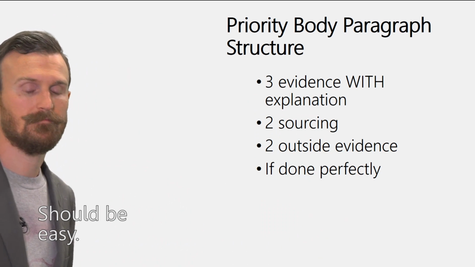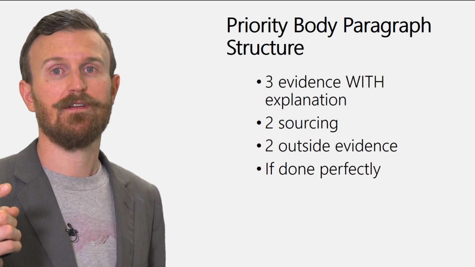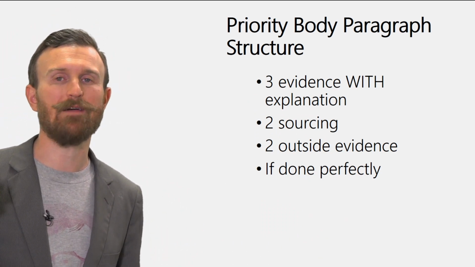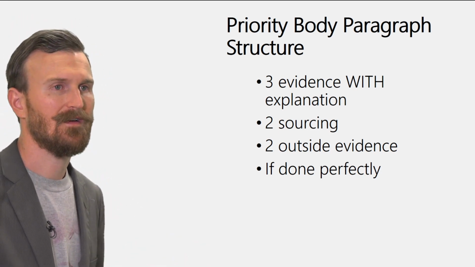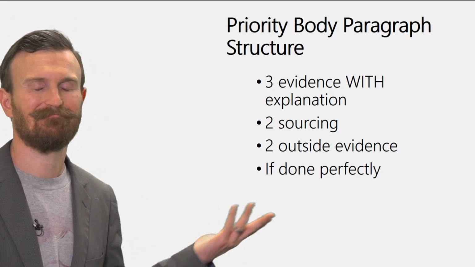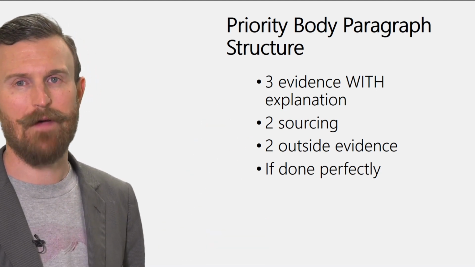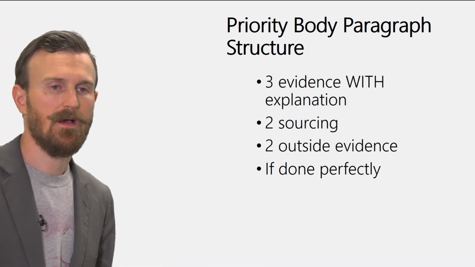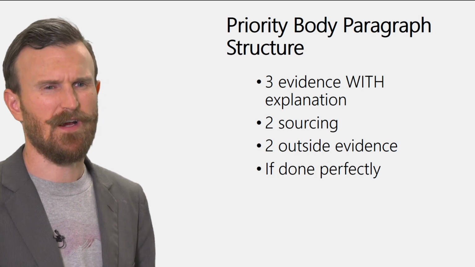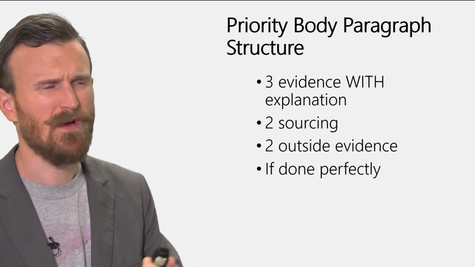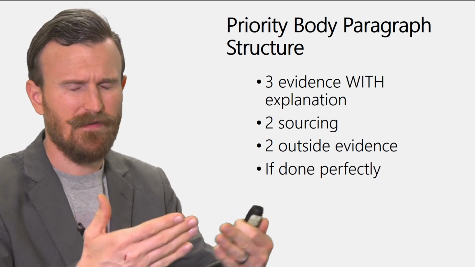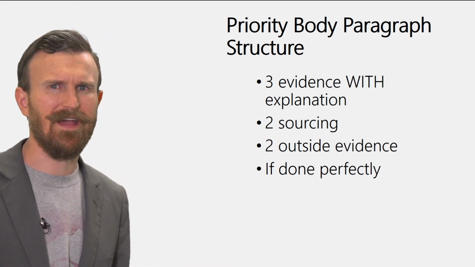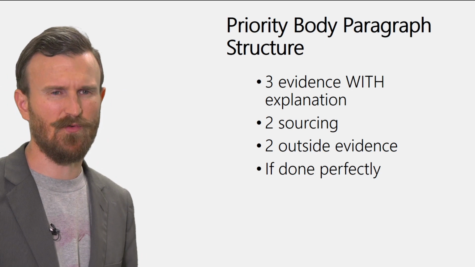Sourcing. Include 2 examples of sourcing. That means provide those HAPPY elements. If you're not in my class, you might have learned about the HAPPY elements for document analysis. You can talk about points of view, historical context, and how those matter to a piece of evidence or a source.